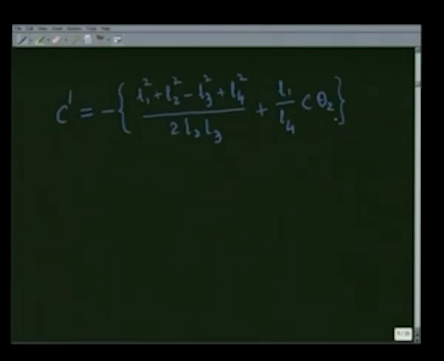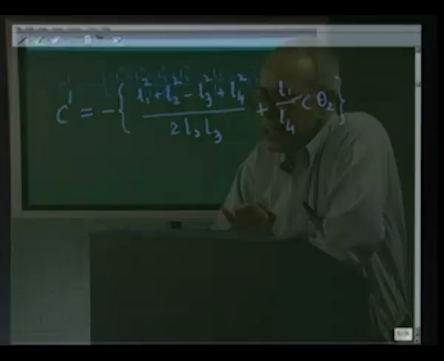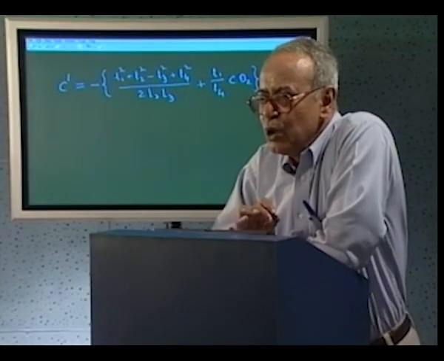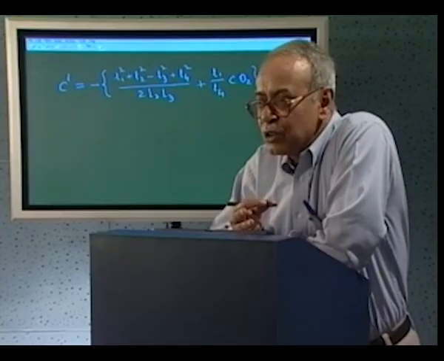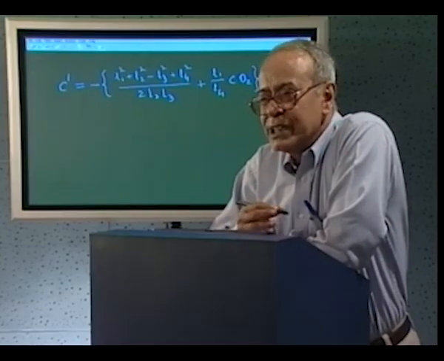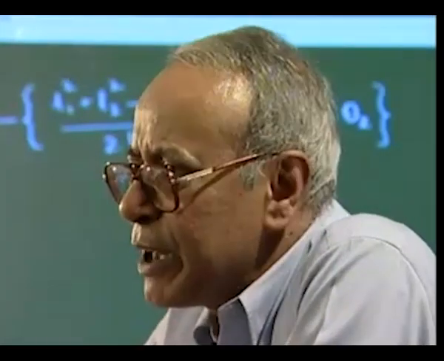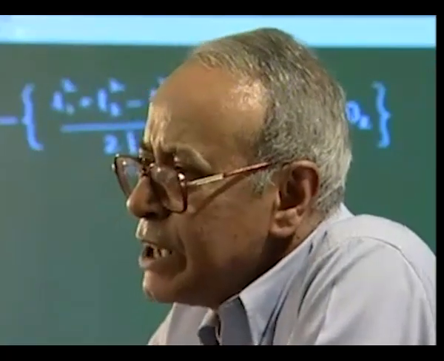The thing to note is that for the same set of given lengths and the same value of theta 2, we have obtained two values of theta 4 and two values of theta 3. This is nothing surprising if we remember that even by graphical method, we would have got two solutions for the given link lengths and the input angle.